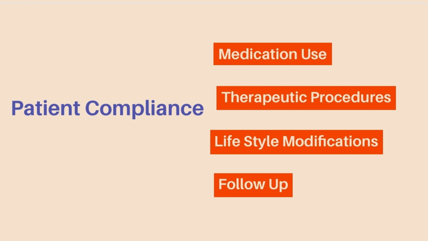Second is the instruction related to therapeutic procedures. Say, for example, if there is a wound, then dressing of the wound. If physiotherapy is suggested, follow that therapy. So, instructions related to all therapeutic modalities.